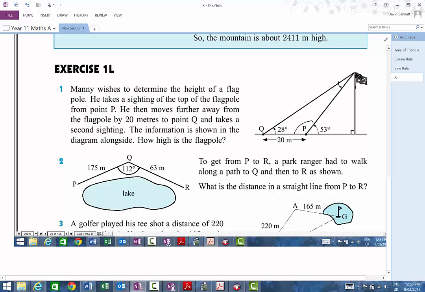Alright, so if that's 53, then this angle here is going to be 180 take 53. So that's going to give me an answer of 127. So that angle there is 127. Alright, if that's 127 plus 28, so that's going to give me 155.